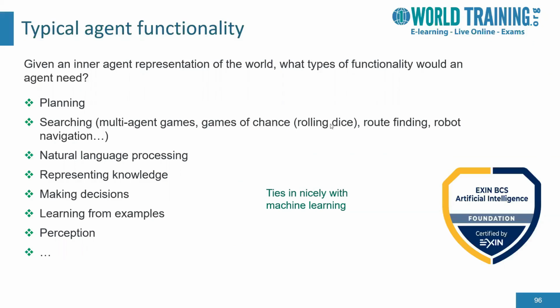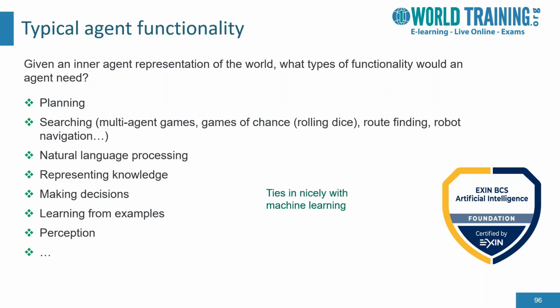So let's talk about typical agent functionality. If you refer to the functionality which an agent should have, we expect that the agent should be able to manage a few of these functionalities.